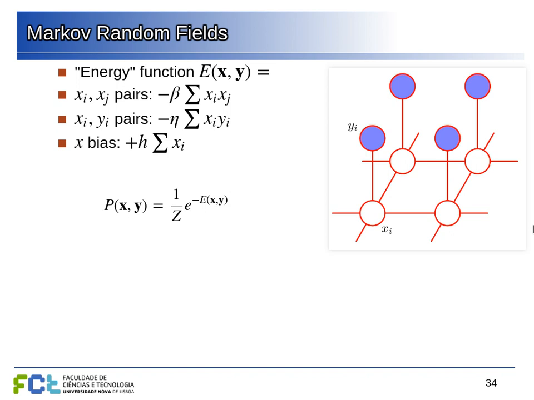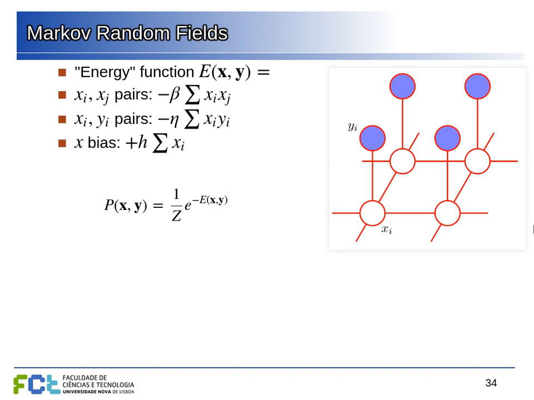This gives us the energy function, and now the joint probability distribution is based on the Boltzmann distribution, which relates the energy of states of the system to how common they are at a given temperature. We are ignoring the temperature factor here, but we use the same shape of this energy function.